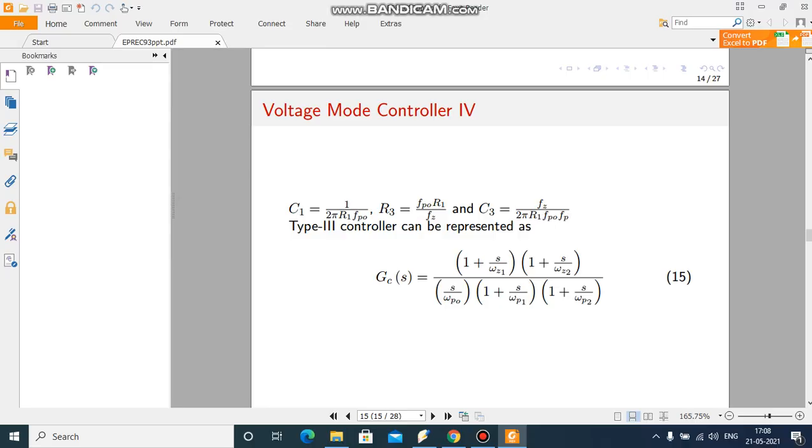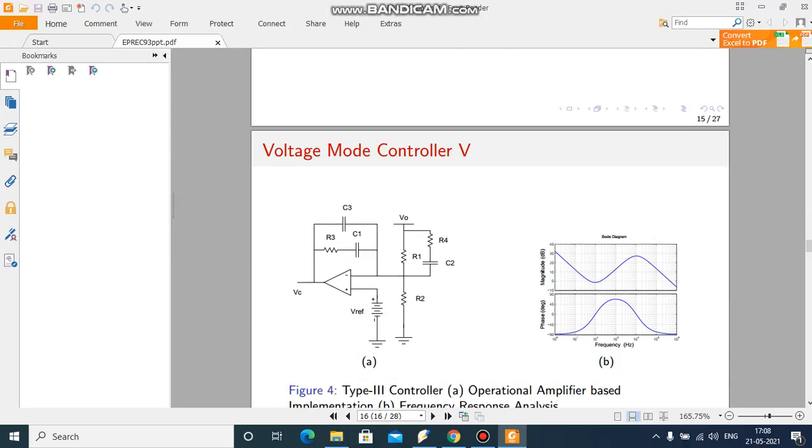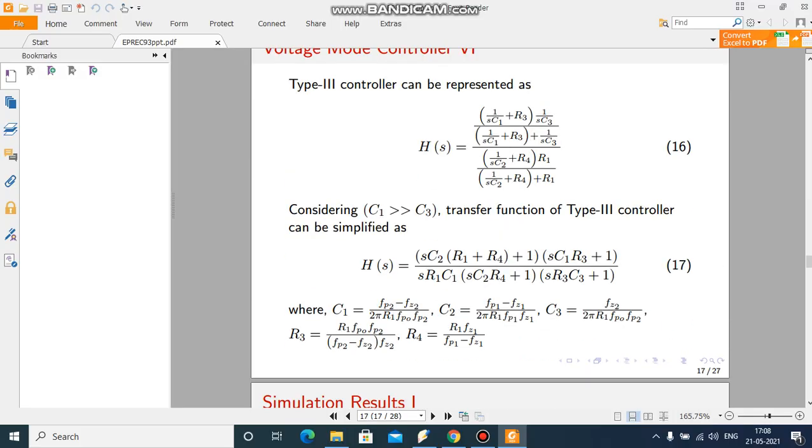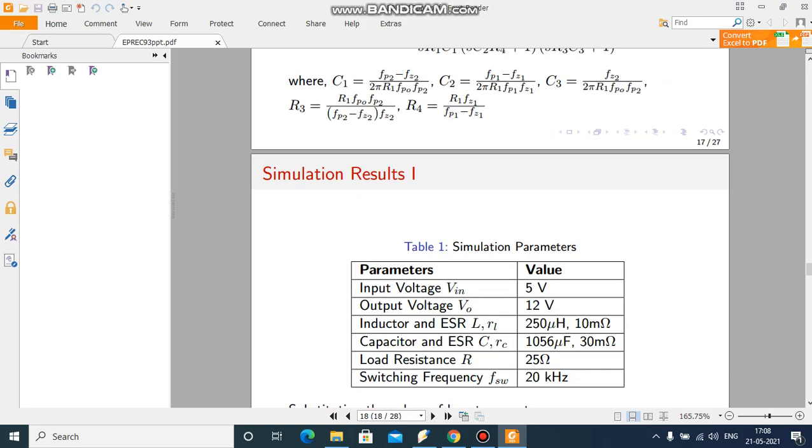Similarly, the type 3 controller has 2 zeros and 3 poles. Here the op-amp based representation and the Bode plot of the type 3 controller is provided. All the details of the mathematical analysis have been provided.